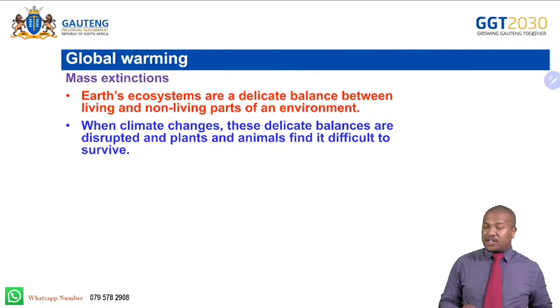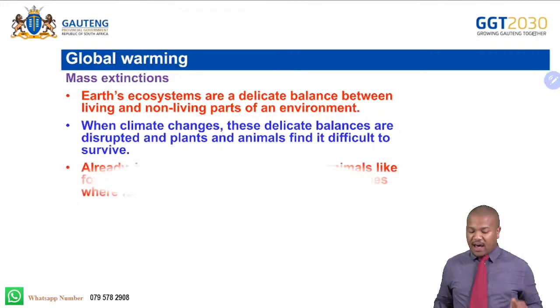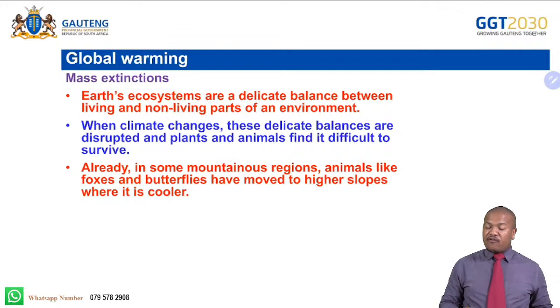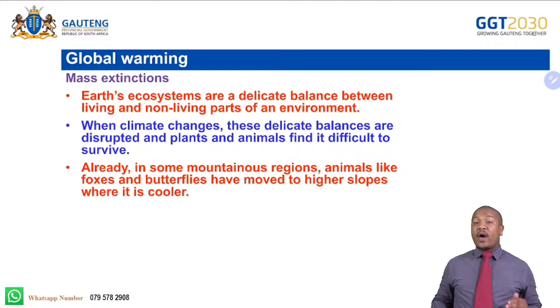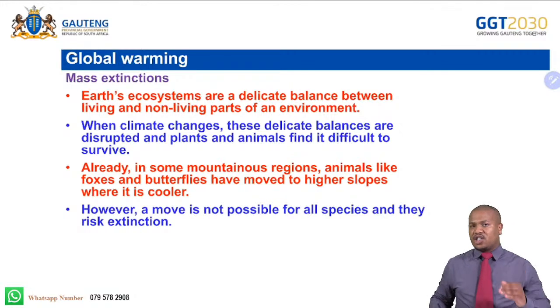When climate changes, these delicate balances are disrupted and plants and animals find it difficult to survive. And already, in some mountainous regions, animals like foxes and butterflies have moved to higher slopes where it is cooler, right? However, a move is not possible for all species and they risk extinction.